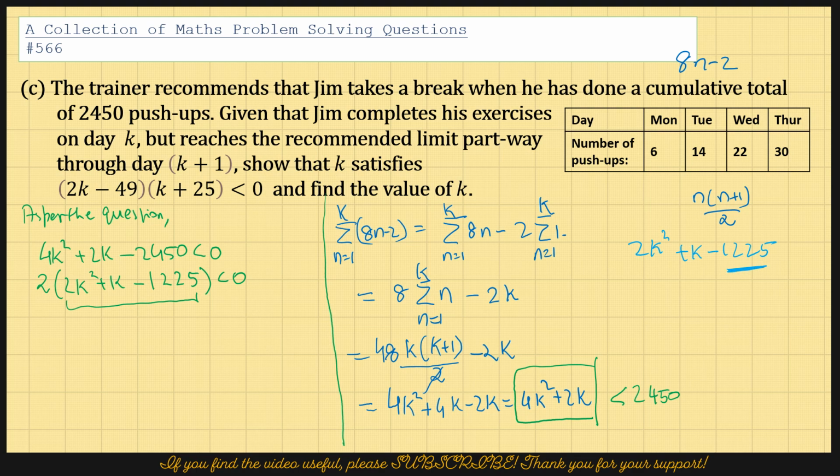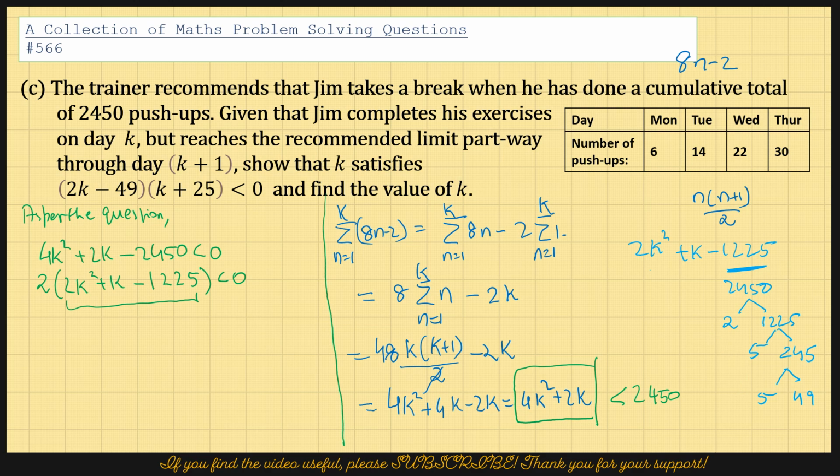1225 times 2 is 2450. If I break it down into its factors, 2 times 1225, 5 times 245, 5 times 49. We can continue, but here you see we already got the pattern. So 2 times 5 times 5 is 50, so we got 50 and 49.